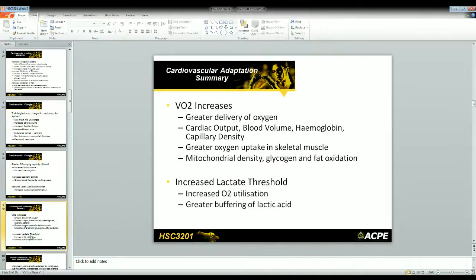And this all leads to, with our VO2 max, a greater delivery of oxygen through blood volume, hemoglobin, capillary density, a greater capacity for the muscles to actually take up oxygen, and increasing mitochondrial density, glycogen and fat oxidation with lactate threshold. All of these bring about advances in your cardiovascular or your endurance capacity.